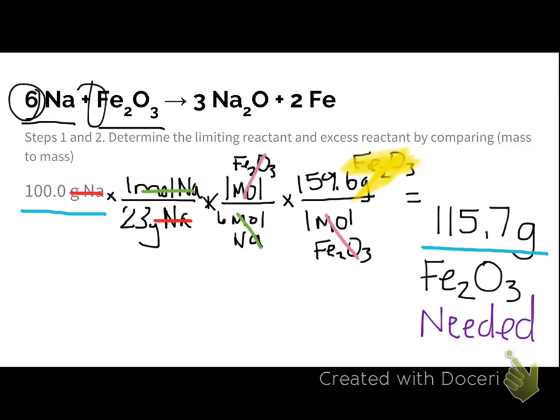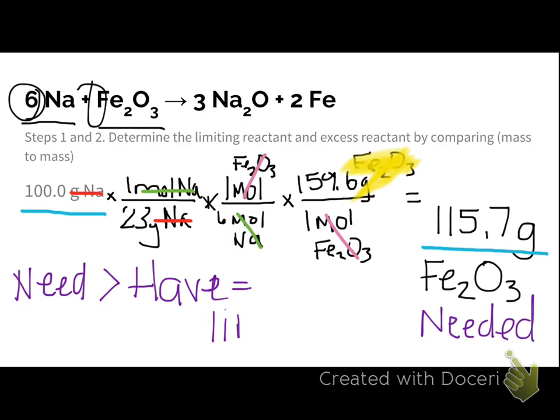So if I need more than I have, let's write that down. If your need is greater than what you have, that is your limiting reactant. So this is one way of us doing this.